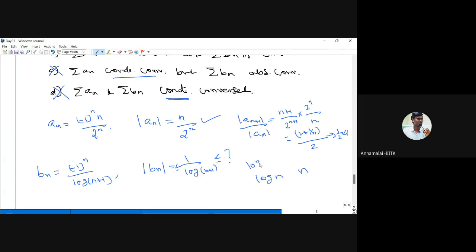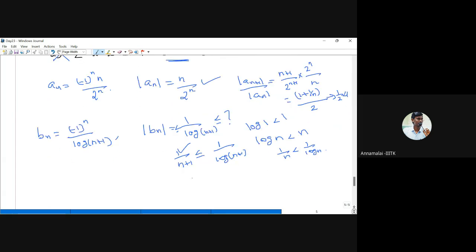Log n is always less than n. Therefore 1 by n is less than 1 by log n for any n. Therefore 1 by (n plus 1) is less than or equal to 1 by log of (n plus 1). This series is divergent because summation 1 by (n plus 1) is divergent. Therefore, if we take the modulus, it is divergent.